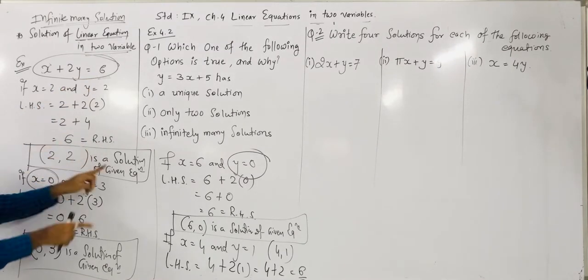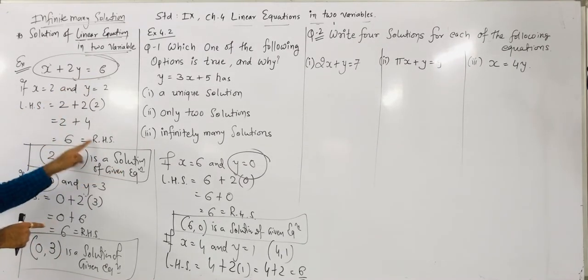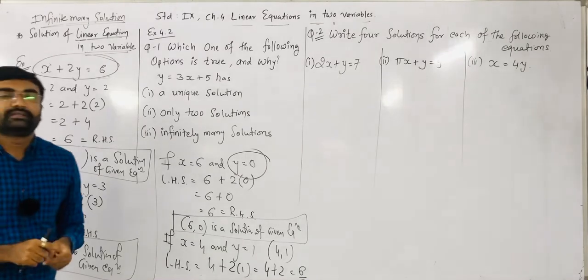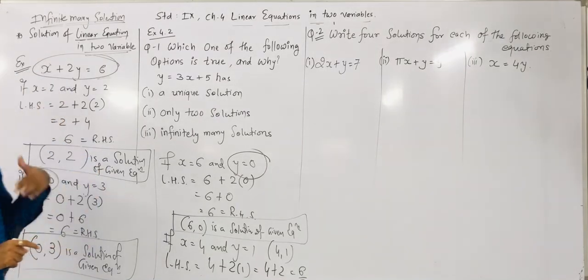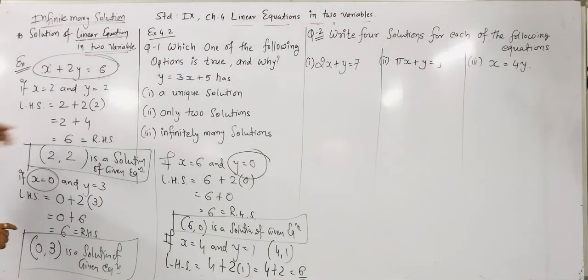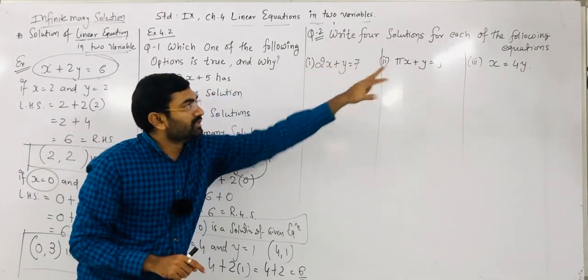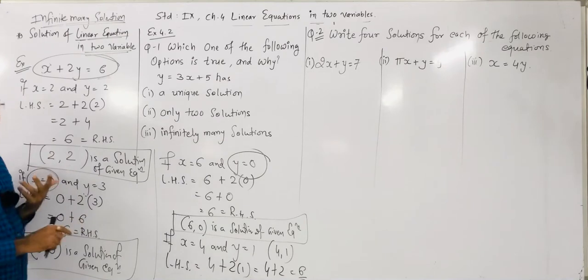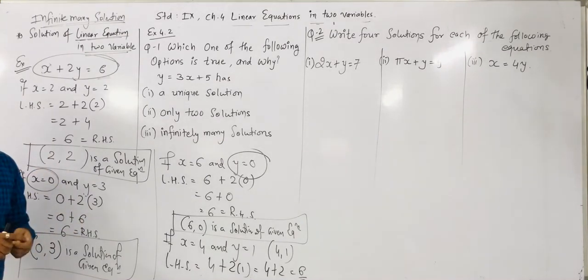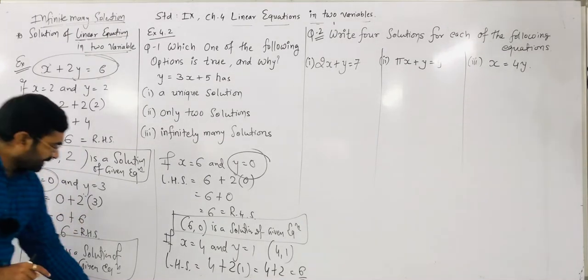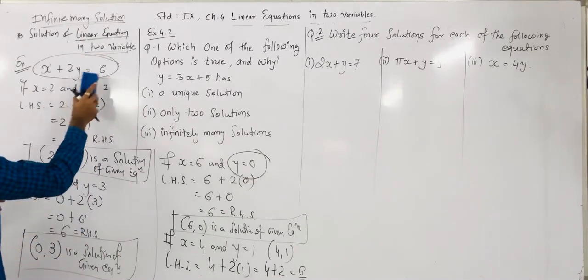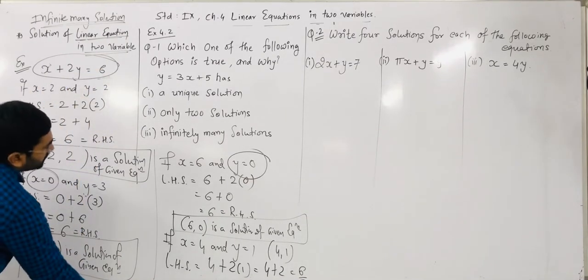If it is equal, then we can say it is a solution. If it is not equal, then it is not a solution. Okay. And we also have to find 4 solutions of the following equation. So you can take different x values and find the y value. That way we find solutions of a linear equation in two variables.